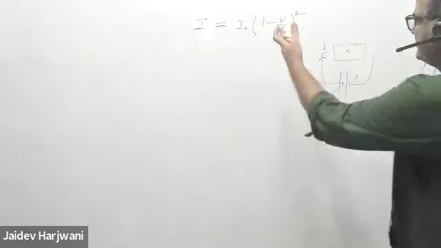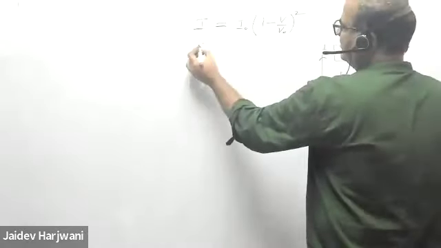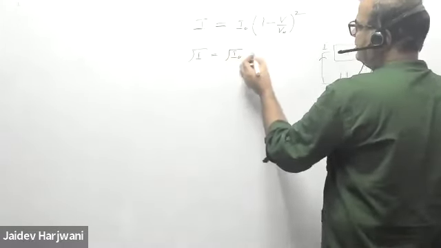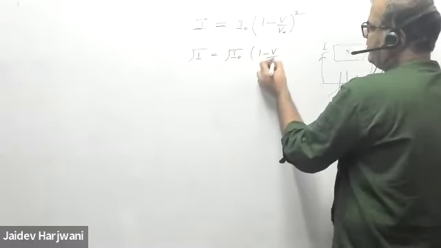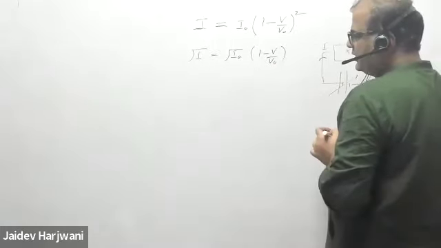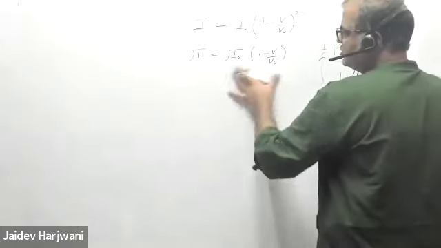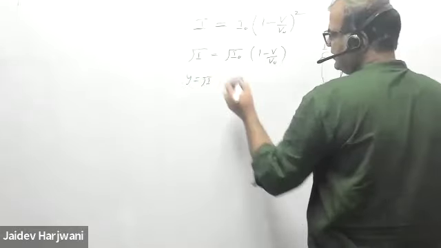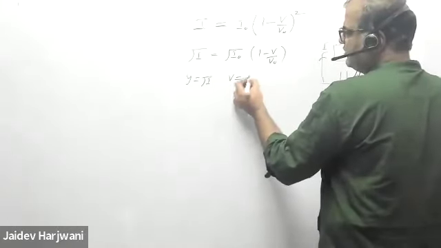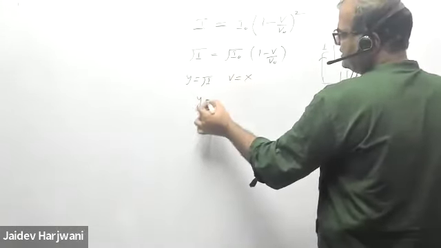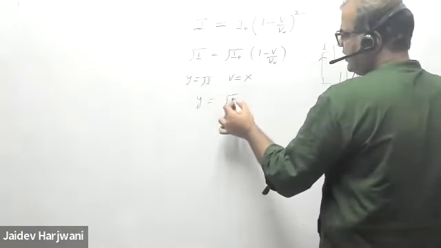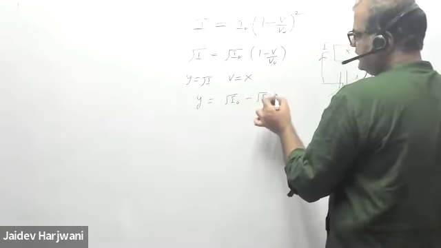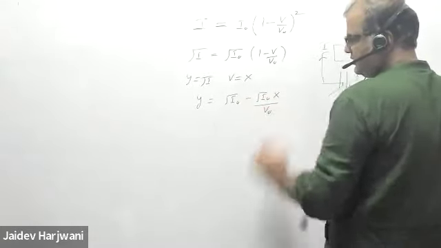Let us first write this equation. I can put it as root I equals root I naught times (1 minus V upon V naught). I'm taking the root. Now this is the equation of a line. If I say y is equal to root I and x is equal to V, then y equals root I naught minus root I naught times x upon V naught.